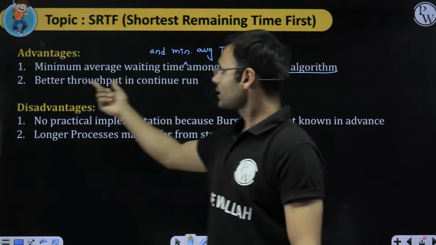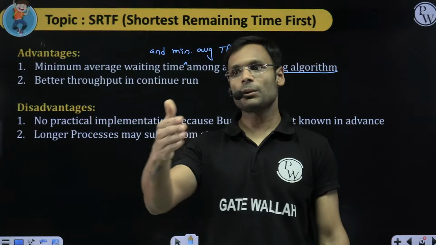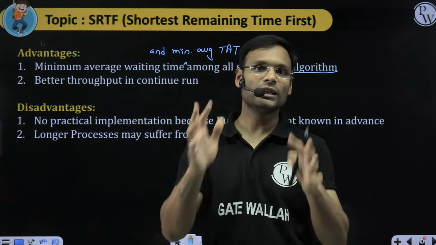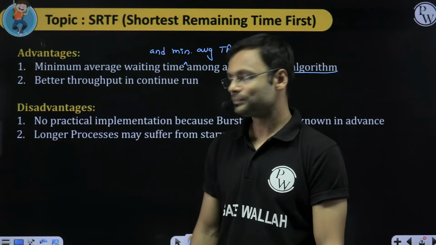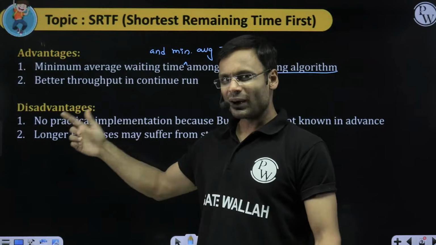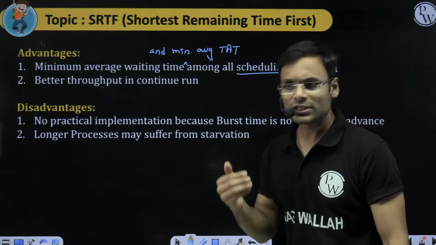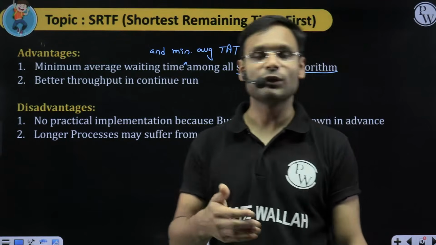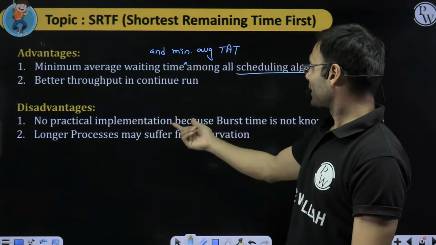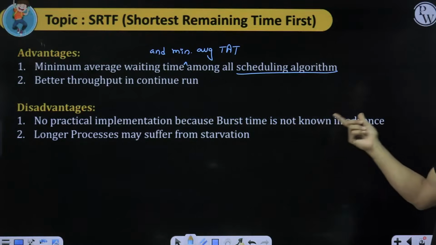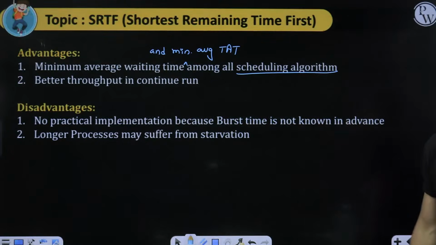In a continuous run, better throughput means the maximum number of processes you can execute within a short duration of time. The disadvantages are exactly the same. This will also have starvation. A bigger process may starve for CPU. It will not get the CPU. Practical implementation is not possible because burst time is not known in advance.